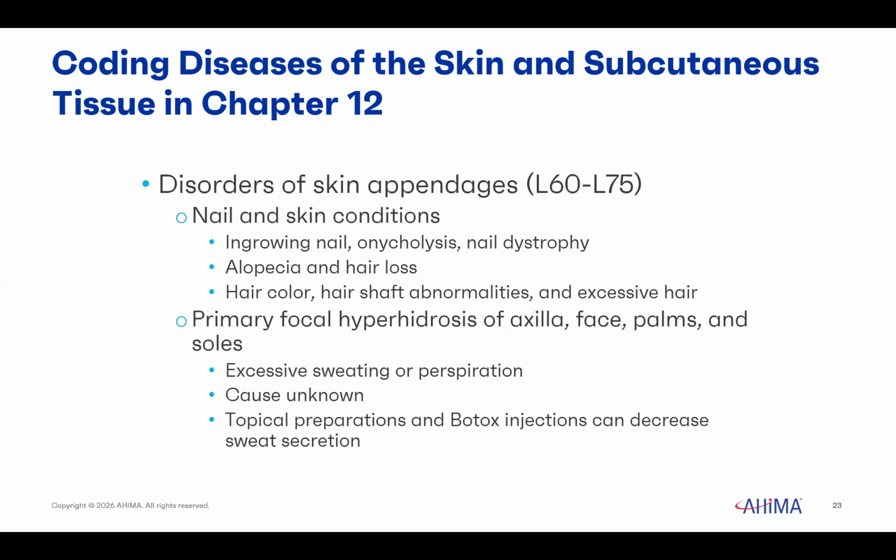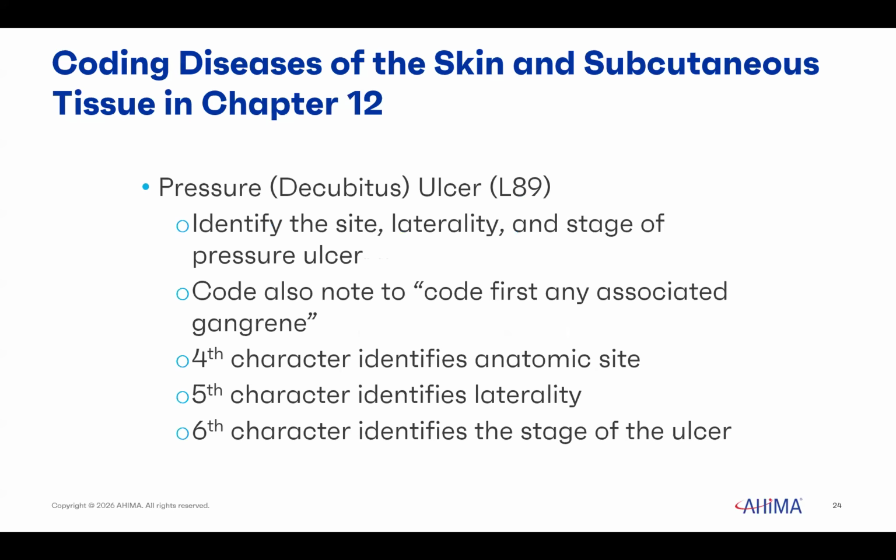And of course, we can have disorders of the skin appendages, meaning the nails and the hair, alopecia, hair loss, and some of these other things. Again, we dived into this a little bit, but the decubitus ulcers, pressure ulcers, L89 codes, will identify the site, the laterality, and the stage.